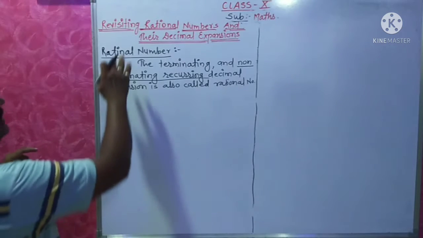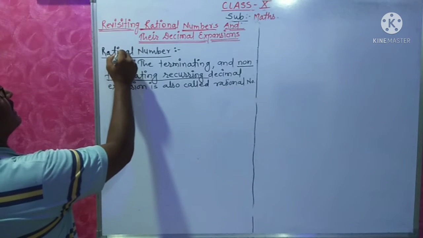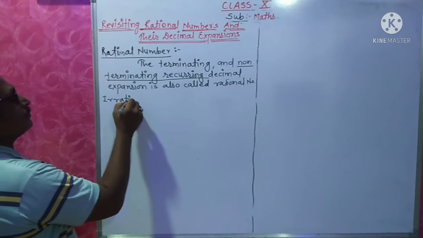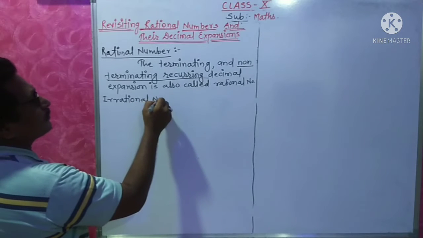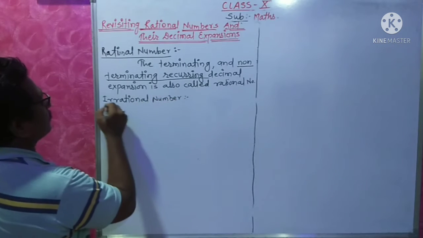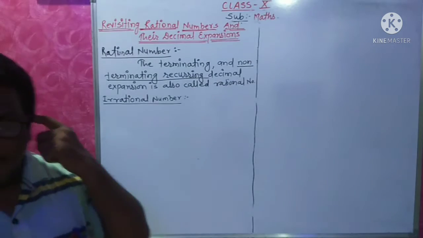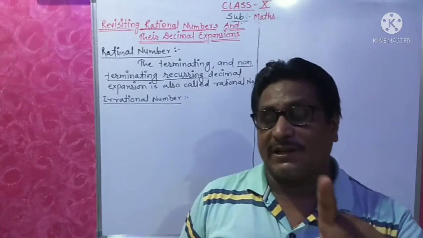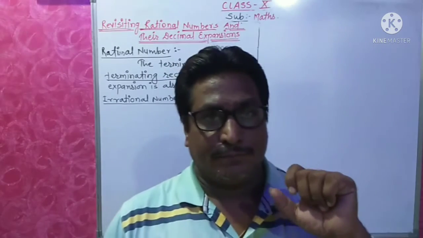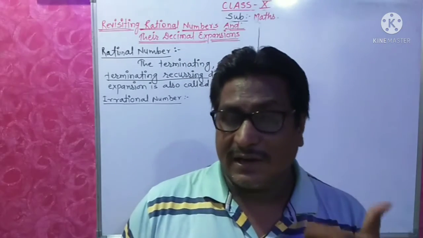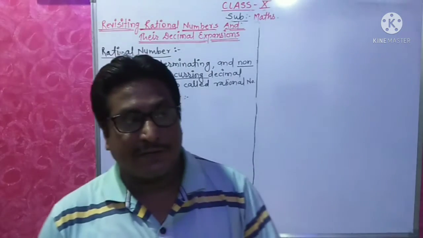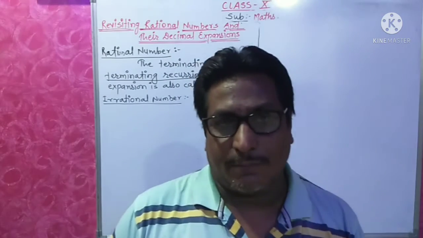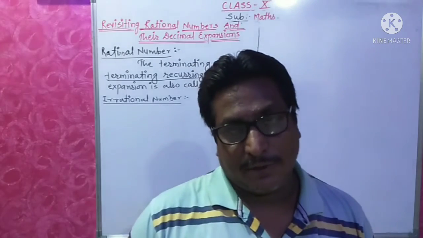Now next it is the irrational number. In irrational numbers also we studied the definition. What did we study? The number which cannot be expressed in p by q form is called an irrational number. Another definition we studied: the square root of a non-perfect square number is called an irrational number.